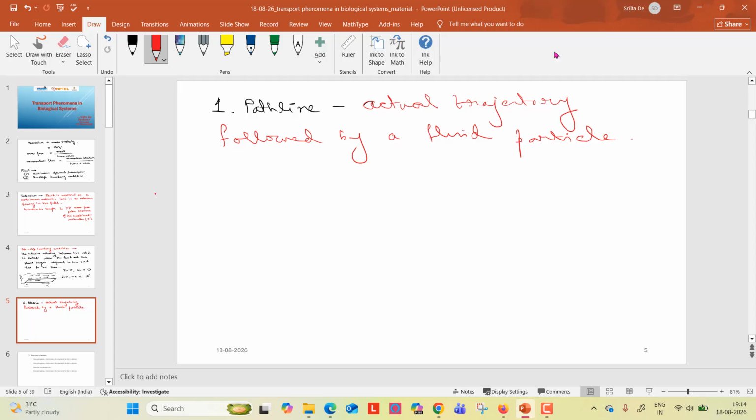Suppose a fluid is passing and we are placing a particle here, and we are observing how it changes its position. That fluid particle will go like this or probably this, depending on the system. That trajectory, the path it creates, is called the path line in a fluid.